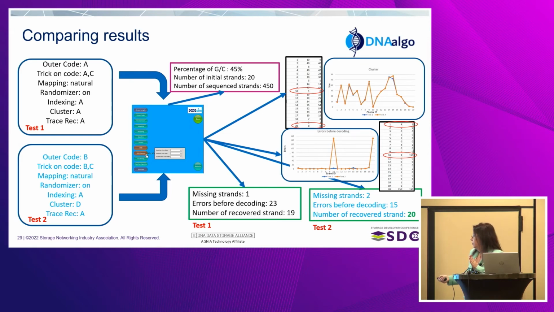But most important, we were able to recover all our strands. So that's the reason why I just want to stress that we need to compare the results at different levels. Because if we just stop here, we will conclude that the strategy used with test 1 is much better, but it's not the case. Okay.